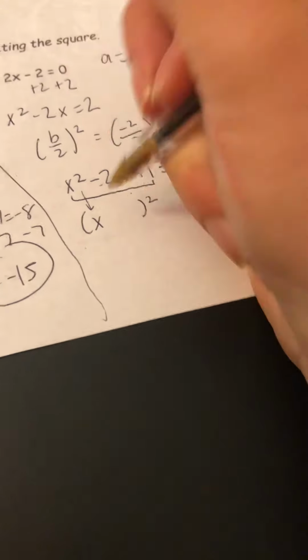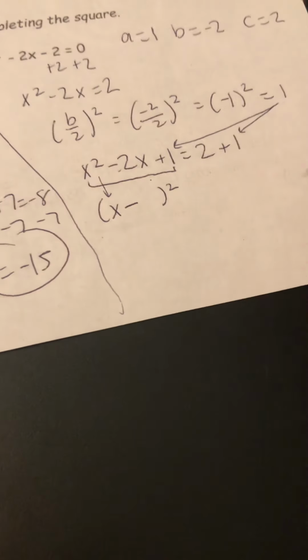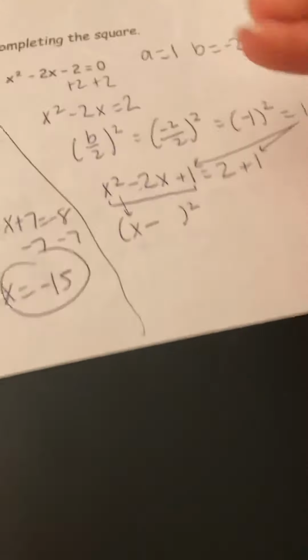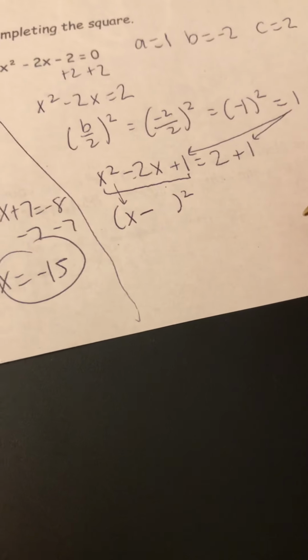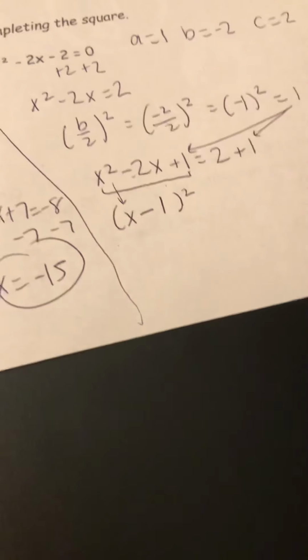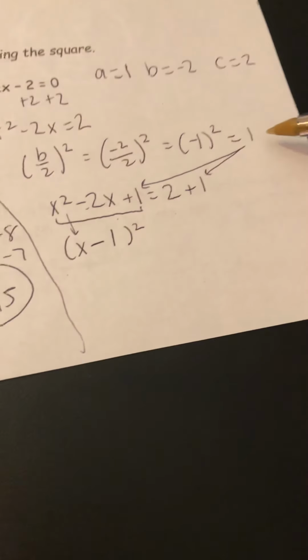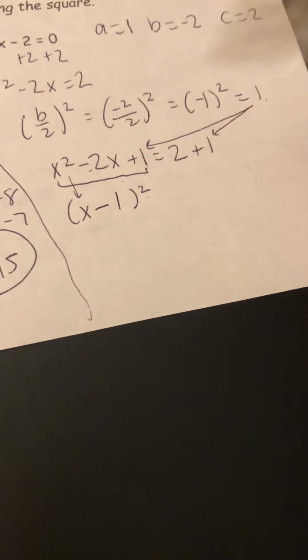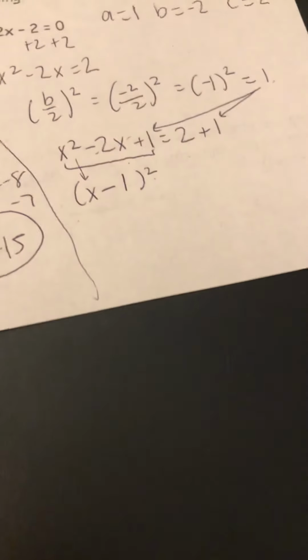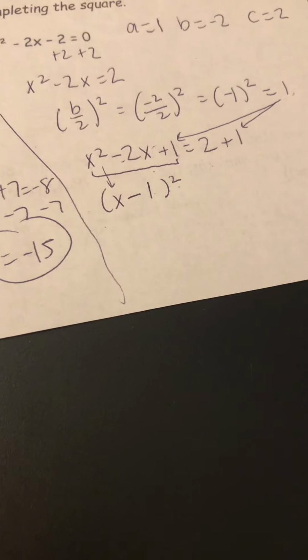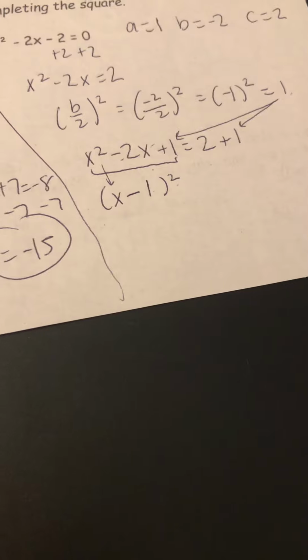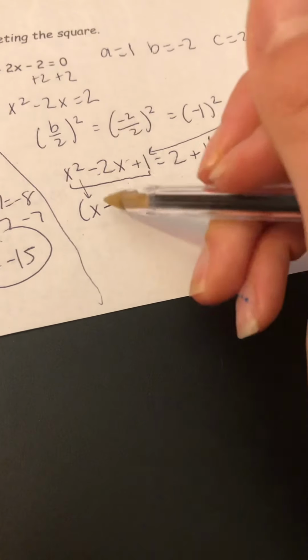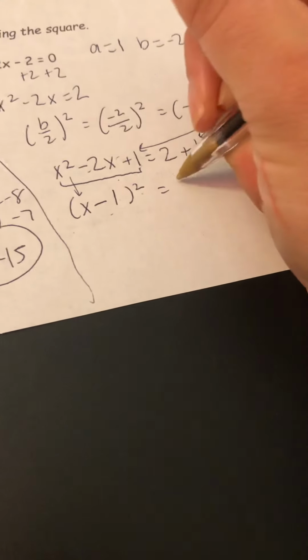And because I have a subtraction sign, it's minus. And it is going to be minus 1, because that's what was here, right? 1 squared is still 1. Negative 1 squared is still 1. Okay, so that is what came down here. And then 2 plus 1 is 3.